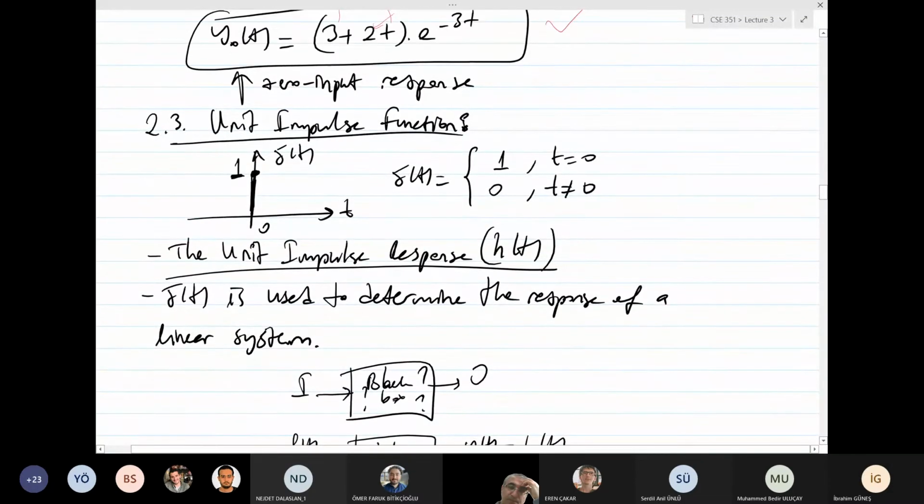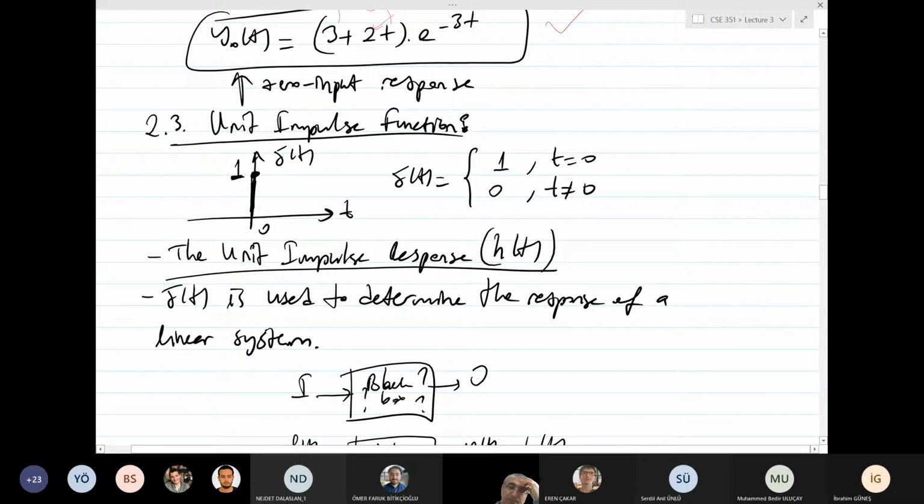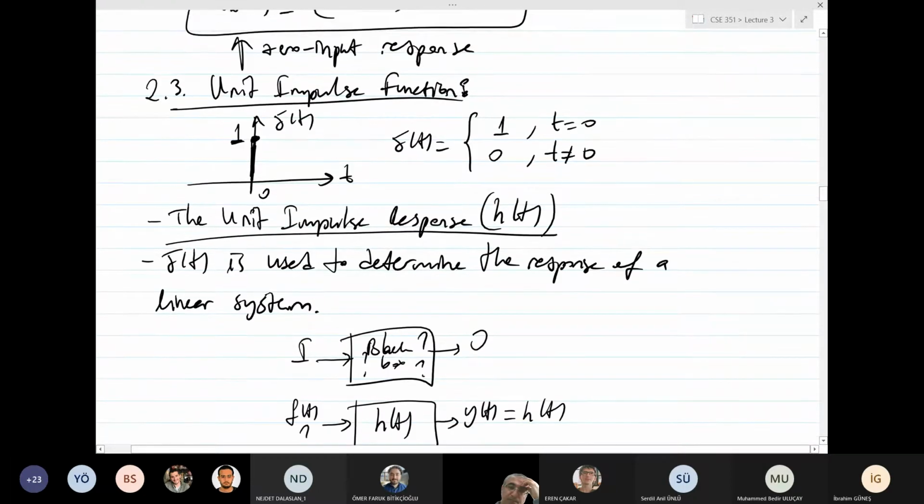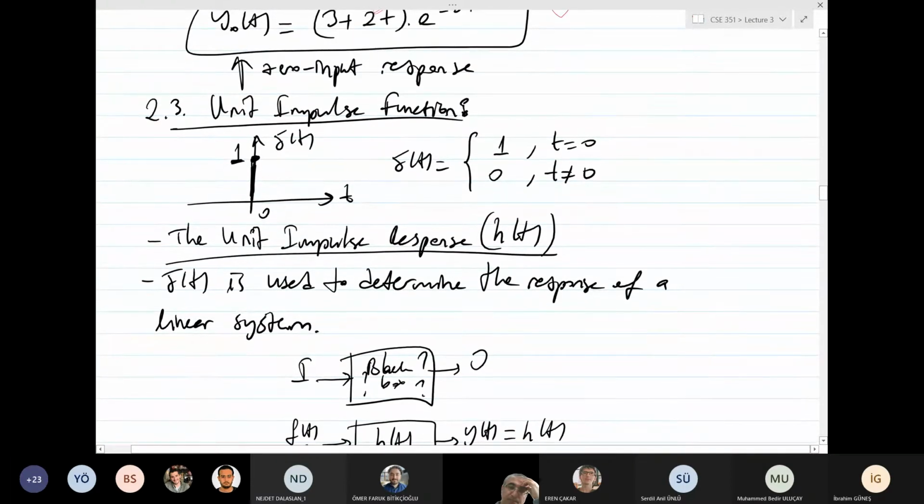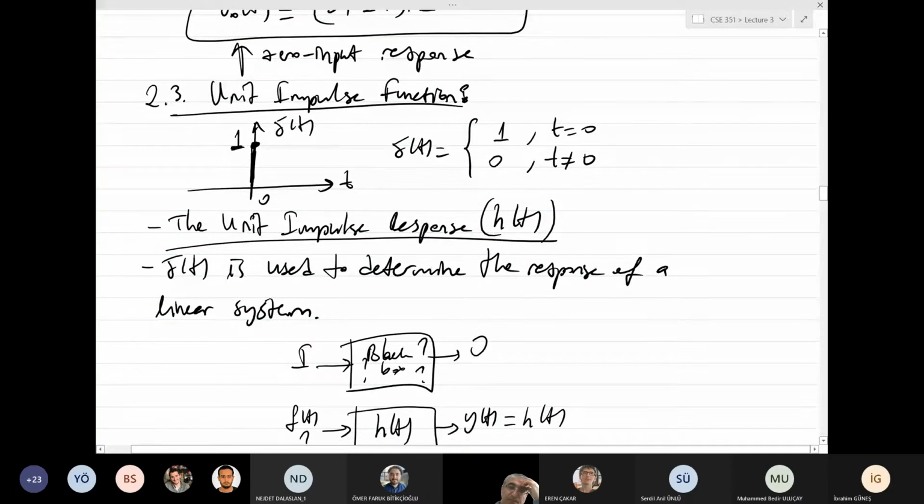So another important topic is the unit impulse function, used for the unit impulse response. Remember, guys, last week we learned some useful functions that we're going to use. One of them was the unit impulse function, which we call the delta function.